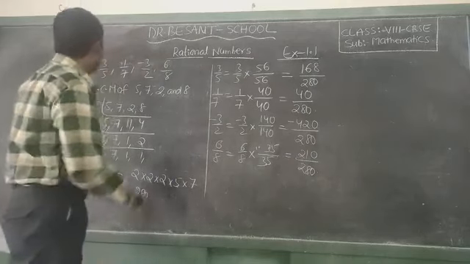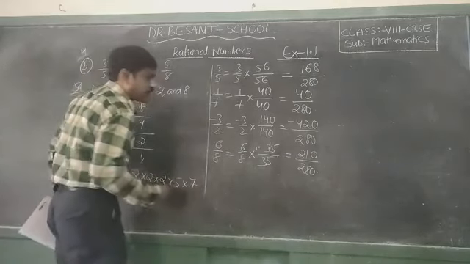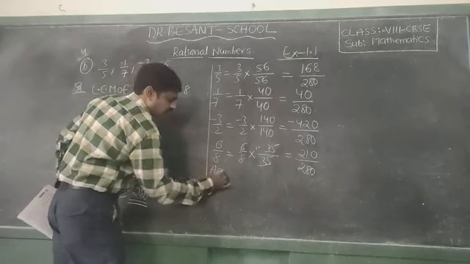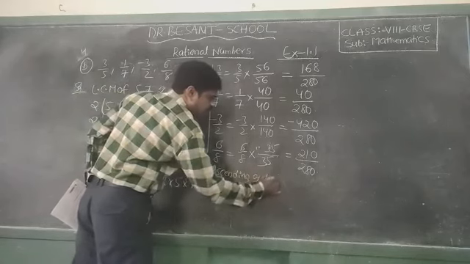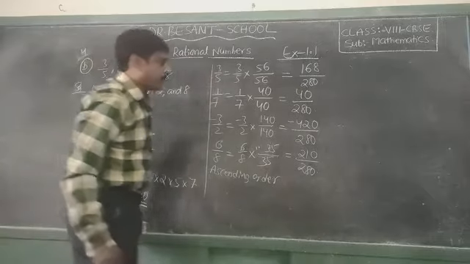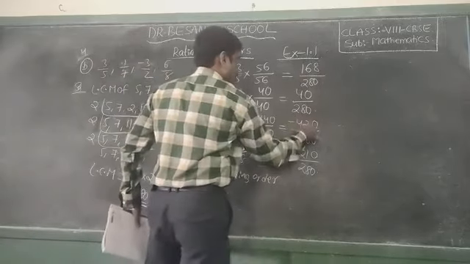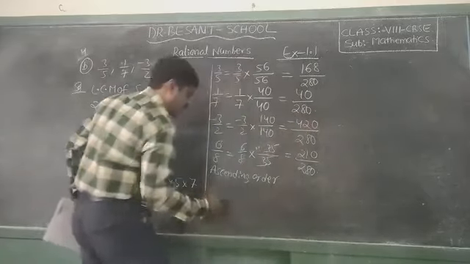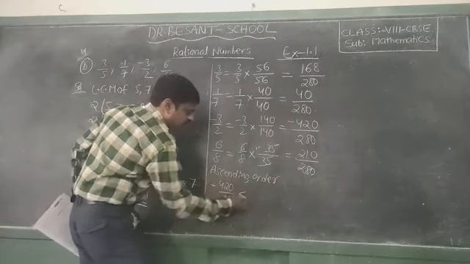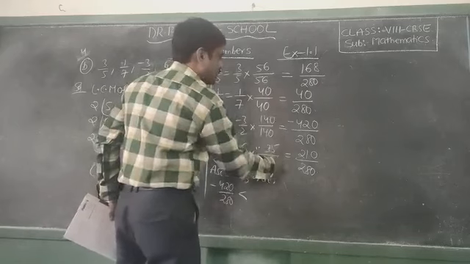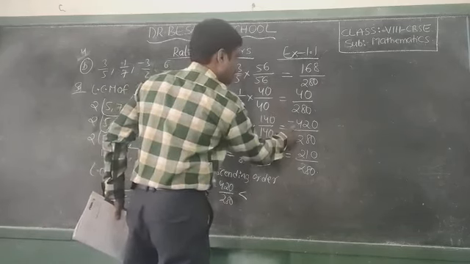That's why now ascending order. Ascending order means small to big. That means minus 420 by 280 is less than, which is smallest.